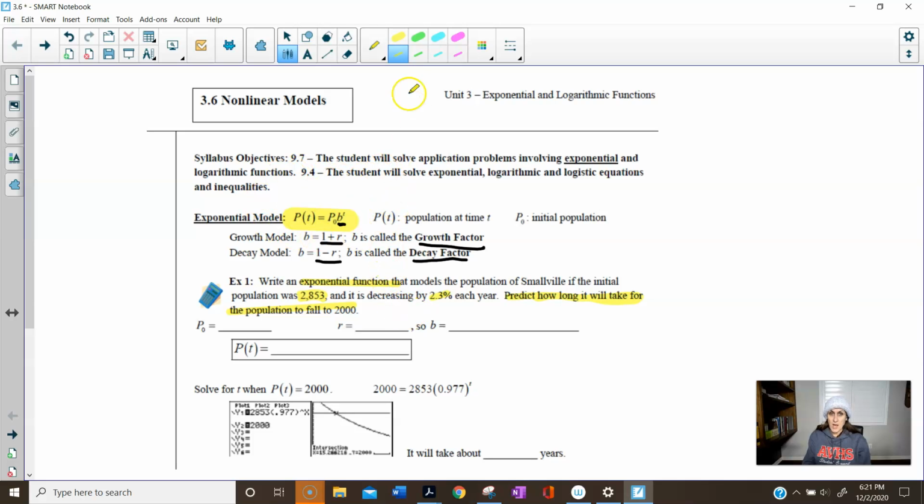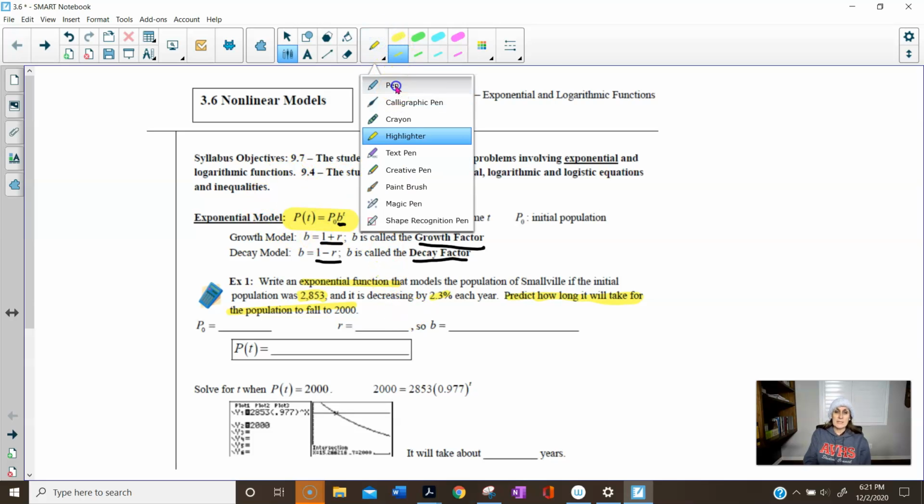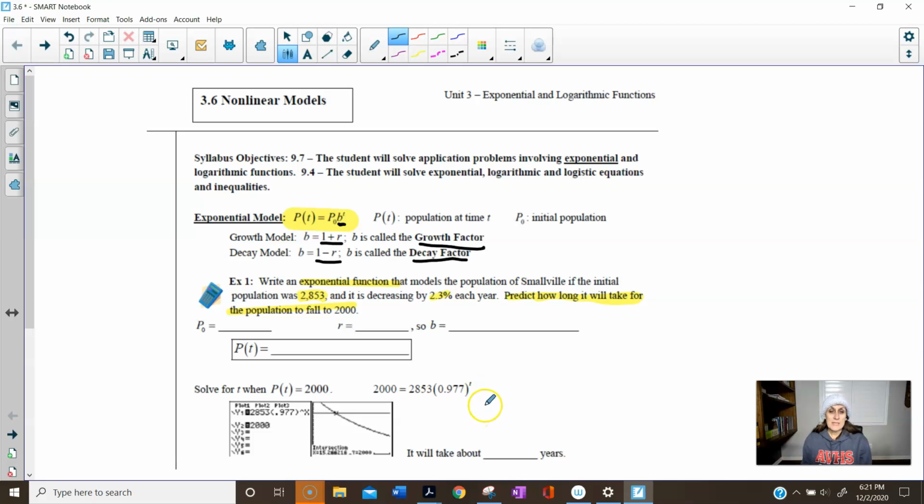So this is our model that we'll be using. We're going to plug in what we know. So we know P sub O, that is the population, 2,853. We know that it's dropping at a rate of 0.023. Move this 2 places to the left.